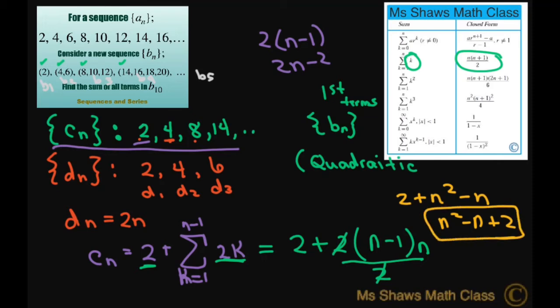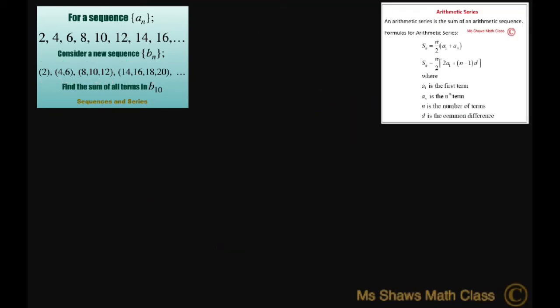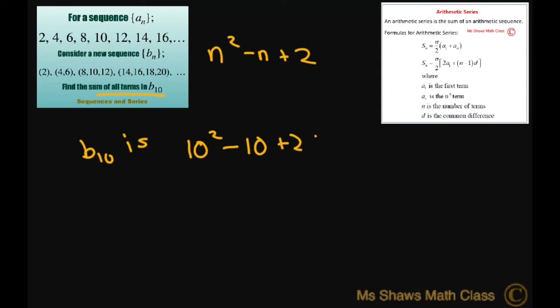All right, now that we have that, let's look at the first term in b sub 10. So for b sub 10, and we're looking for the sum of all terms, that's going to be 10, and this is what we had, n squared minus n plus 2. So that would be 10 squared minus 10 plus 2, which equals 92.